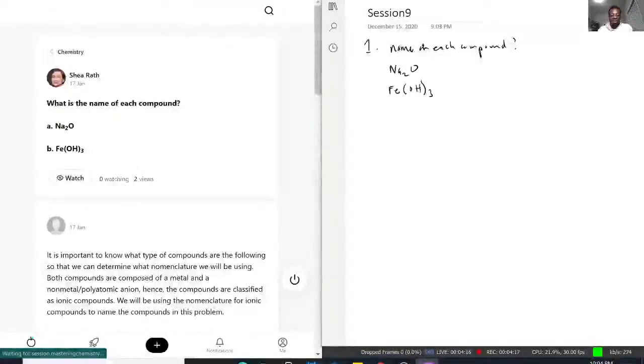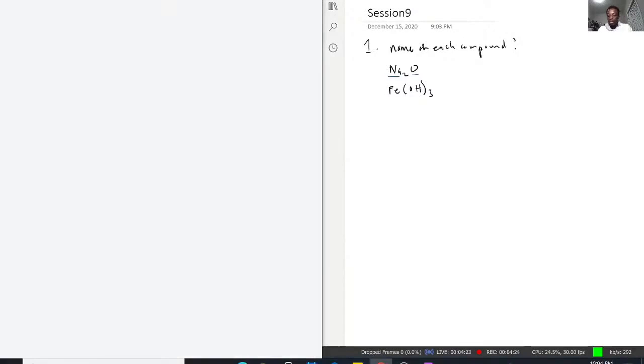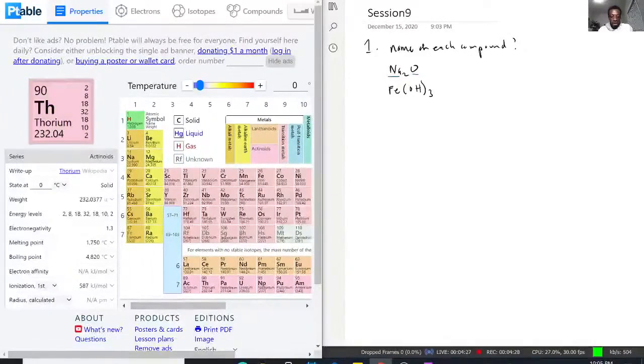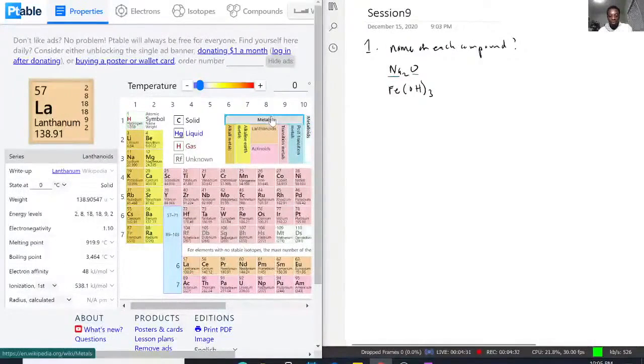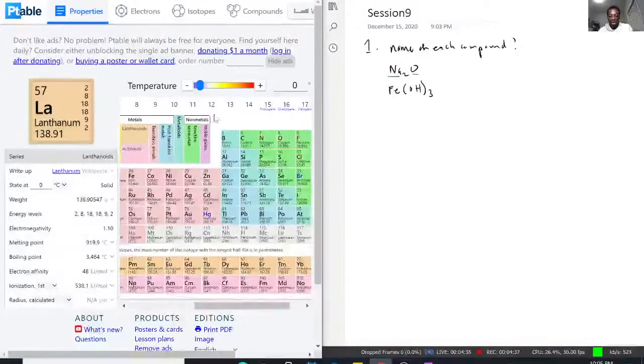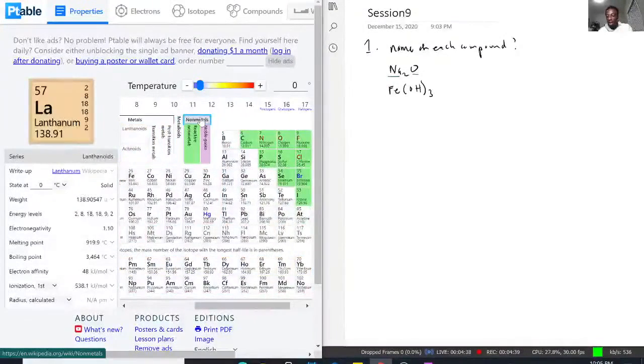So the first thing I notice here is if we look at them, sodium and oxygen refer to our periodic table. Okay? And sodium is considered a metal, because on the metal side, if I hover over the metals, sodium should light up. Perfect. And oxygen is considered a non-metal, as I highlighted here.